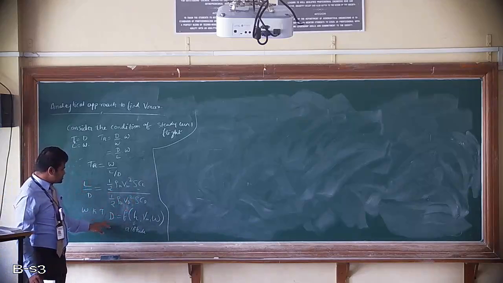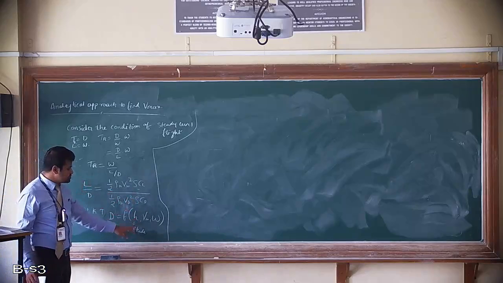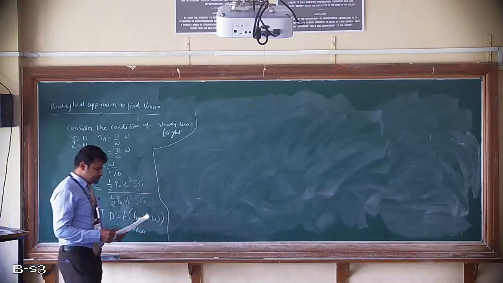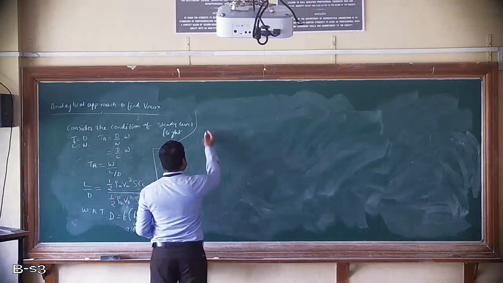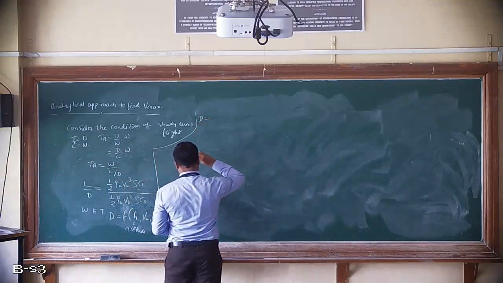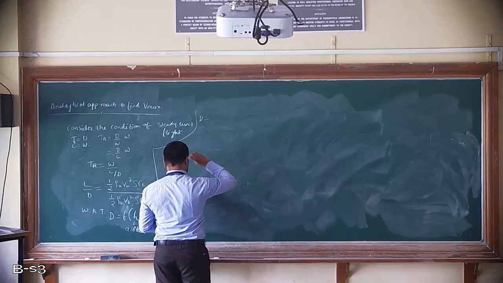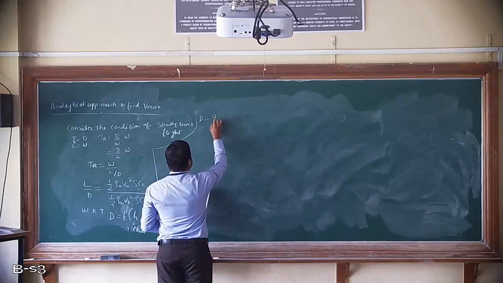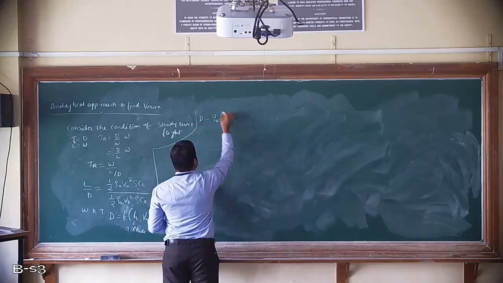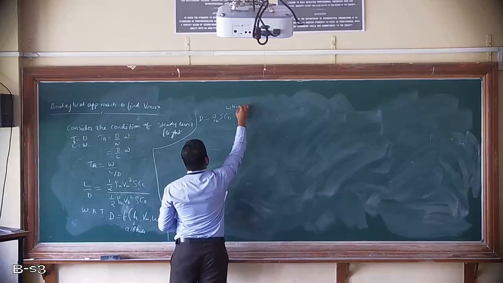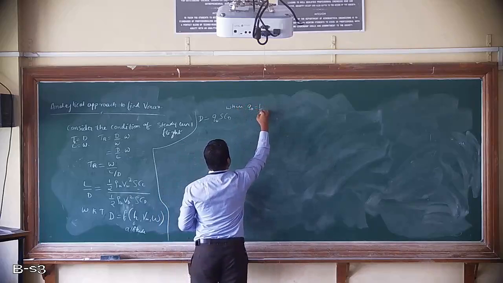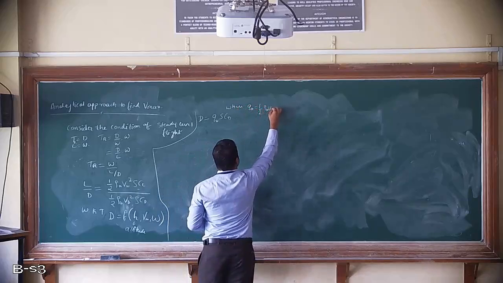And D means what? Drag is a function of altitude, velocity and W. We know that. So now drag can be written as D equals Q infinity S CD, where Q infinity is nothing but half rho infinity V infinity square.